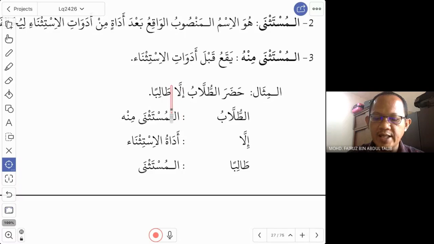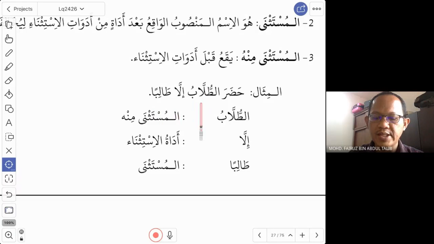This is the adat, the word for istisna, illa. Then we have the mustathna, the one that is excluded, talib. And of course, you will have the mustathna minhu, the one that it is excluded from, the tullab. So tullab is called the mustathna minhu.